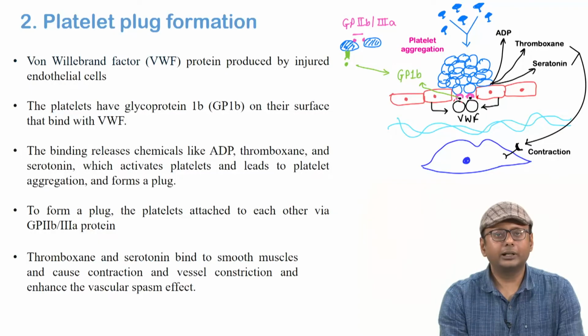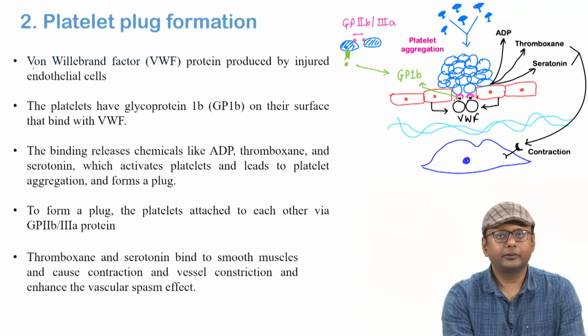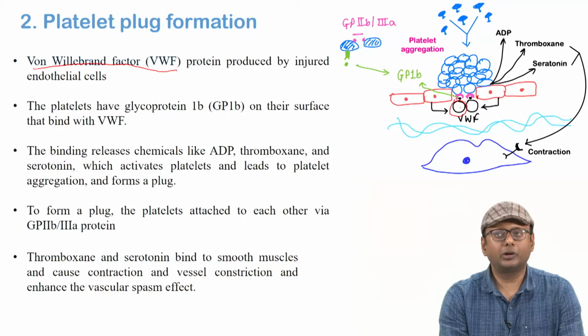In the blood, whenever there is a case of injury, there is a protein called von Willebrand factor, VWF. This is generally present in our blood, and whenever there is a blood loss situation, it gets activated. Two von Willebrand factor molecules get close to the injured area.